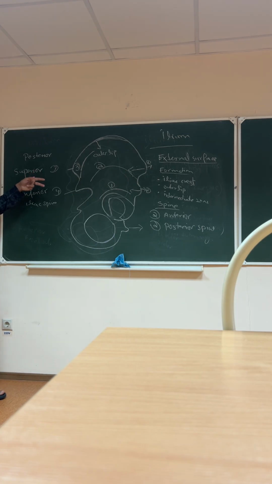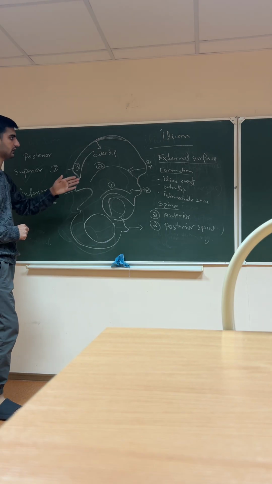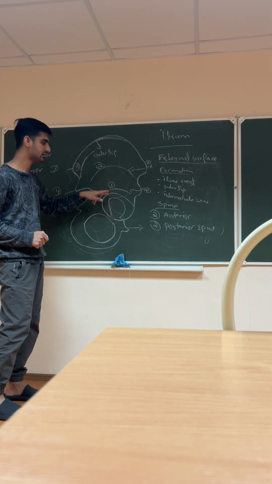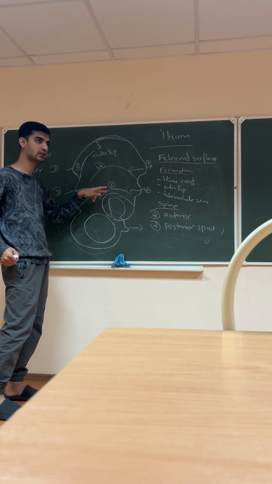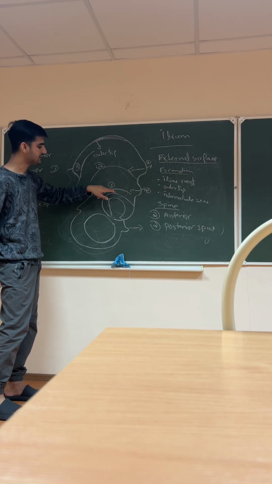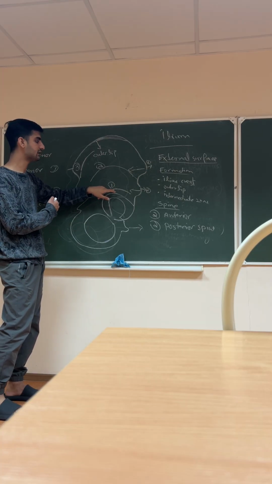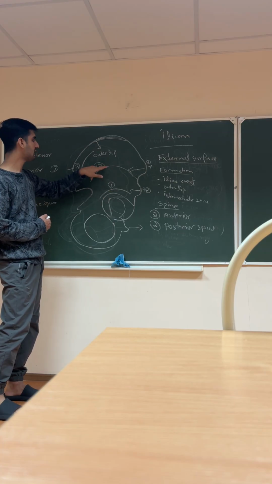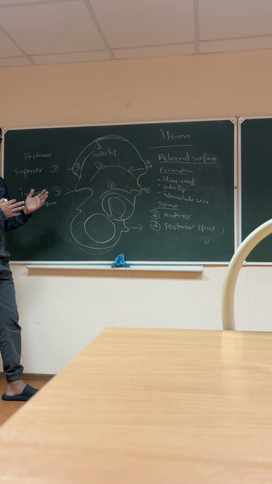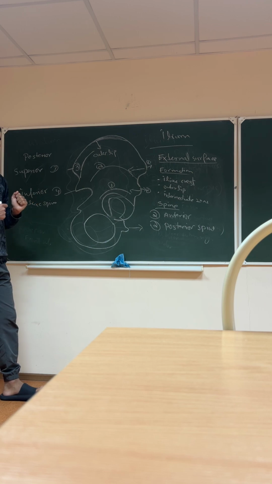On the posterior side we also have two spines: posterior superior iliac spine and posterior inferior iliac spine. Now we have three gluteal lines for muscle attachment, because here is the gluteal muscle: the inferior gluteal line, anterior gluteal line, and posterior gluteal line. This is the formation of the ilium bone.